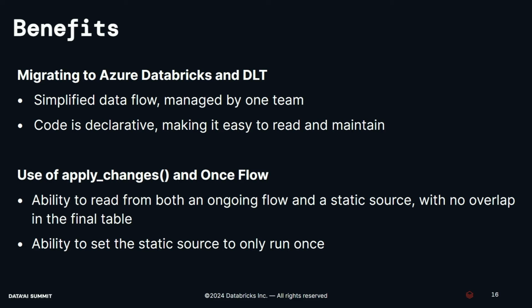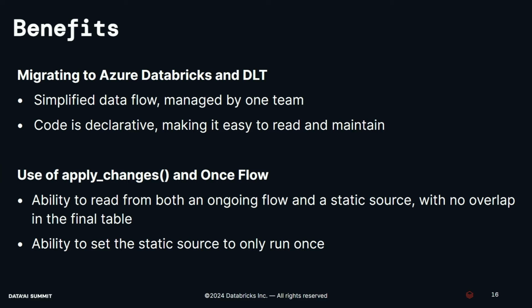So just in summary, looking at this migration as a whole, migrating to Databricks and to DLT significantly simplified our data flow. It allowed us to manage this process by one team. On top of that, we learned that DLT code is declarative, and so it's relatively easy to read and maintain, even for a more complex use case.